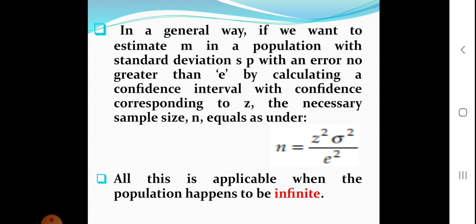All this is applicable when the population happens to be infinite.